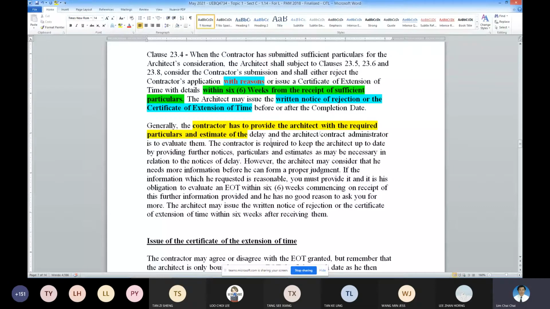So the program can be revised even though there is no certificate. But when you revise, the time to complete must be maintained according to the so-called extended time provided by the consultant. You cannot revise a program, want something longer, and ask the architect to approve. No. As long as there's no extension of time given, you can revise your program due to the contractor's shortfall in terms of subcontractors, material, machinery, whatever, or even a change in the sequence of work, no problem.